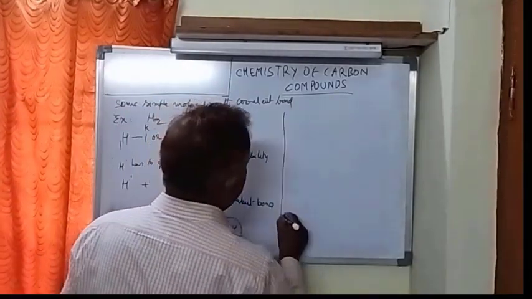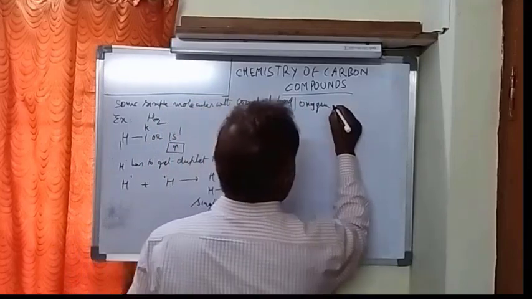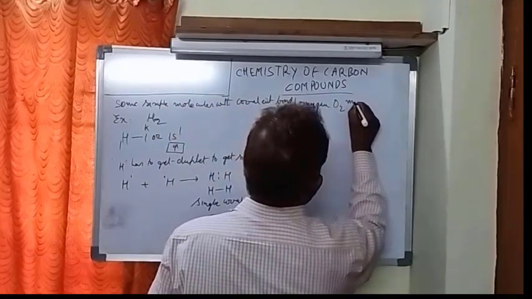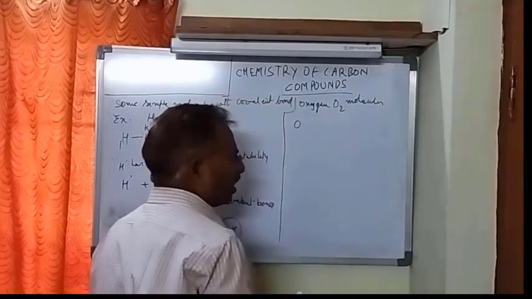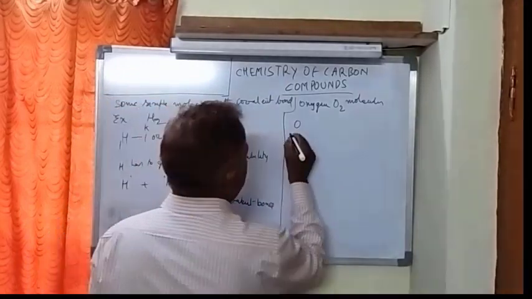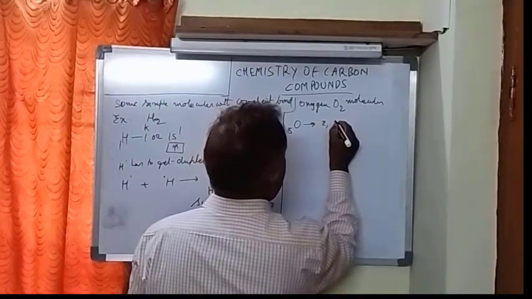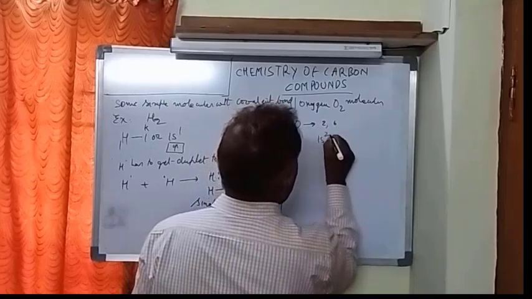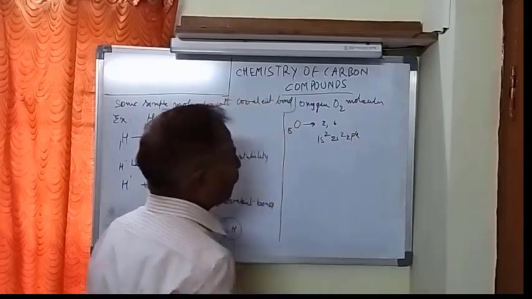Now let us see the oxygen molecule, O2. What is the atomic number of oxygen? Oxygen has atomic number 8 and its configuration is 2, 6, or 1s2, 2s2, 2p4.